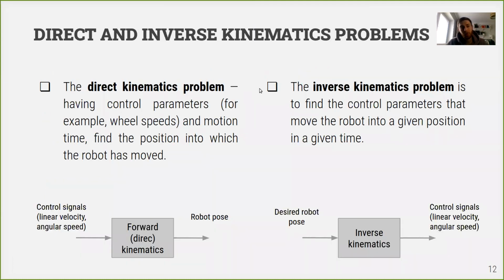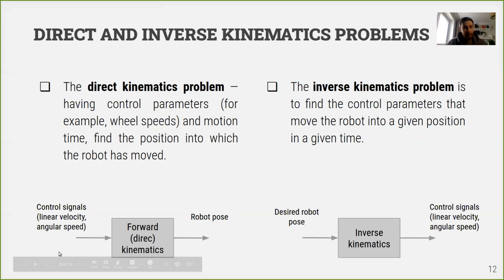And also two important terms we need to discuss are inverse and direct or forward kinematics problems. So there are two problems in kinematics. I hope you are familiar with these terms. The direct kinematic problem stands for the problem when we have control parameters, for example, wheel speeds or steering wheel angle, and we have a time delta which we are moving, and we want to find the position into which the robot has moved.